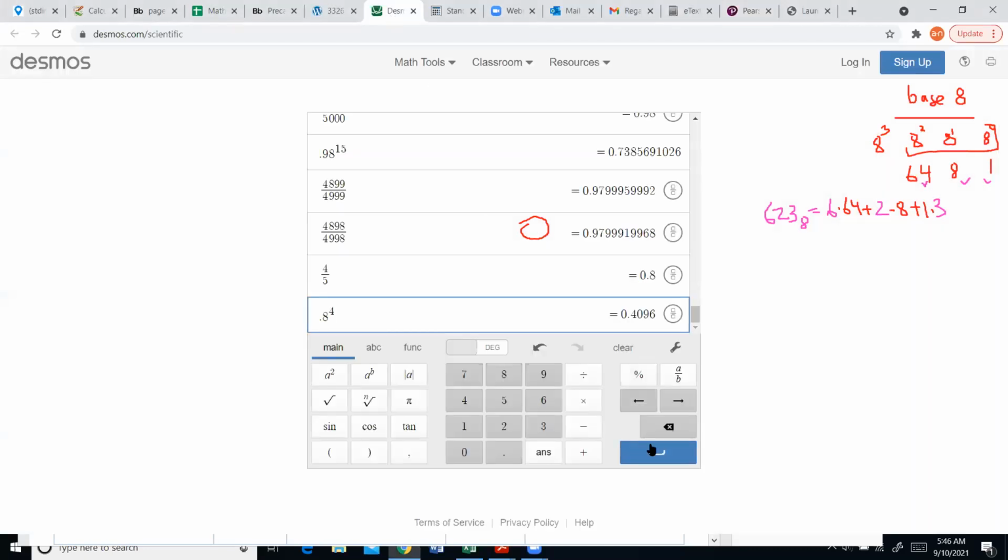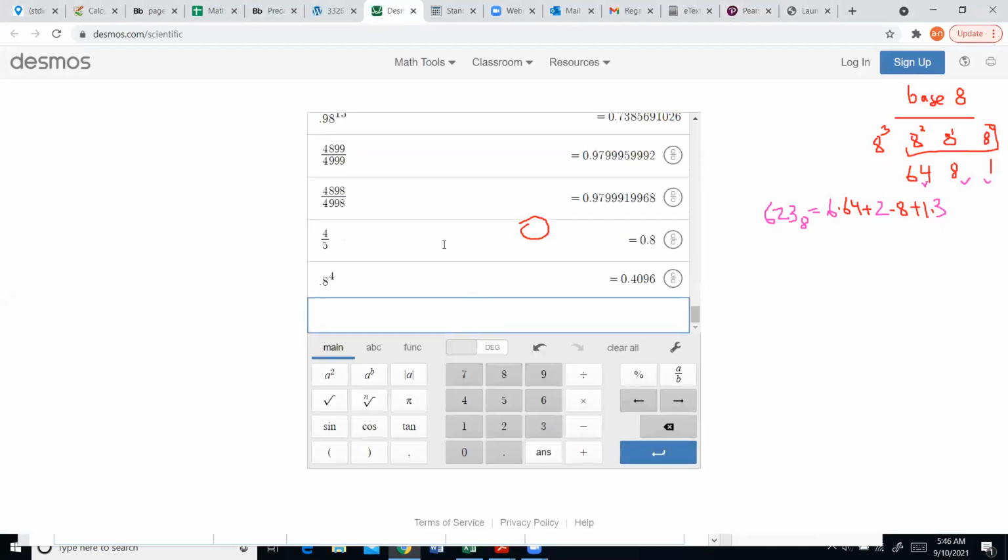So I get my favorite little calculator here and multiply 6 by 64, plus 2 times 8, plus 1 times 3, so just 3. So the actual number that we have here is 403, and it's in base 10.